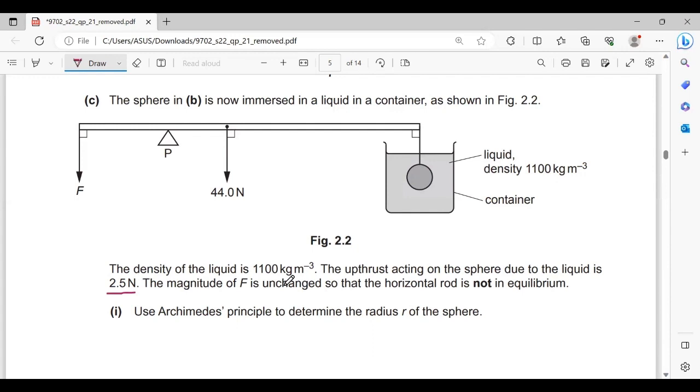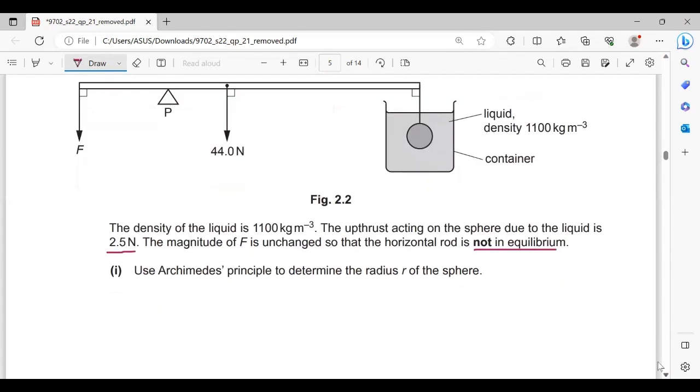The magnitude of F is unchanged, so that the horizontal rod is not in equilibrium. Use Archimedes' principle to determine the radius R of the sphere.